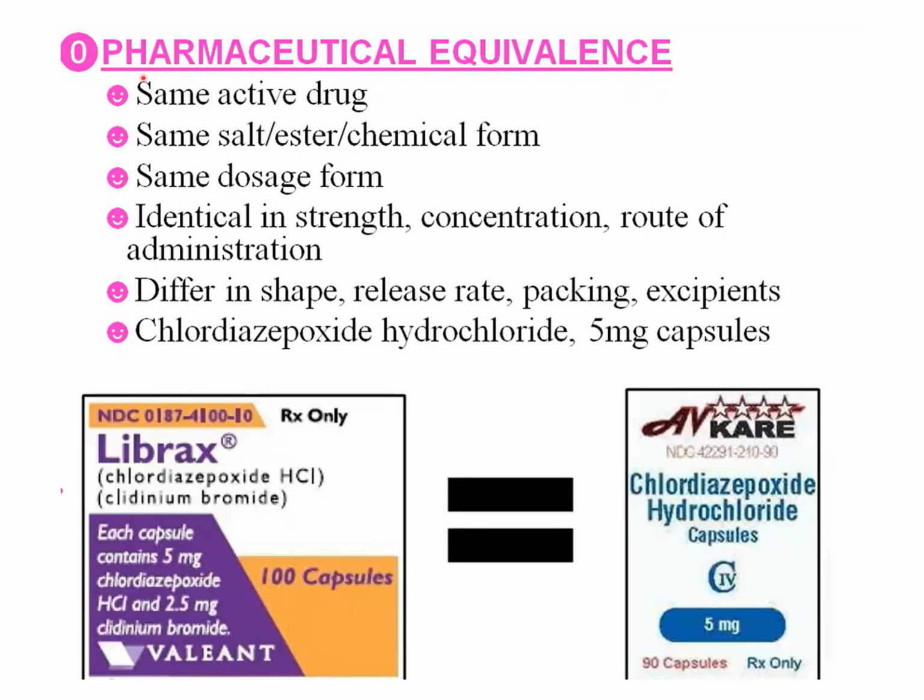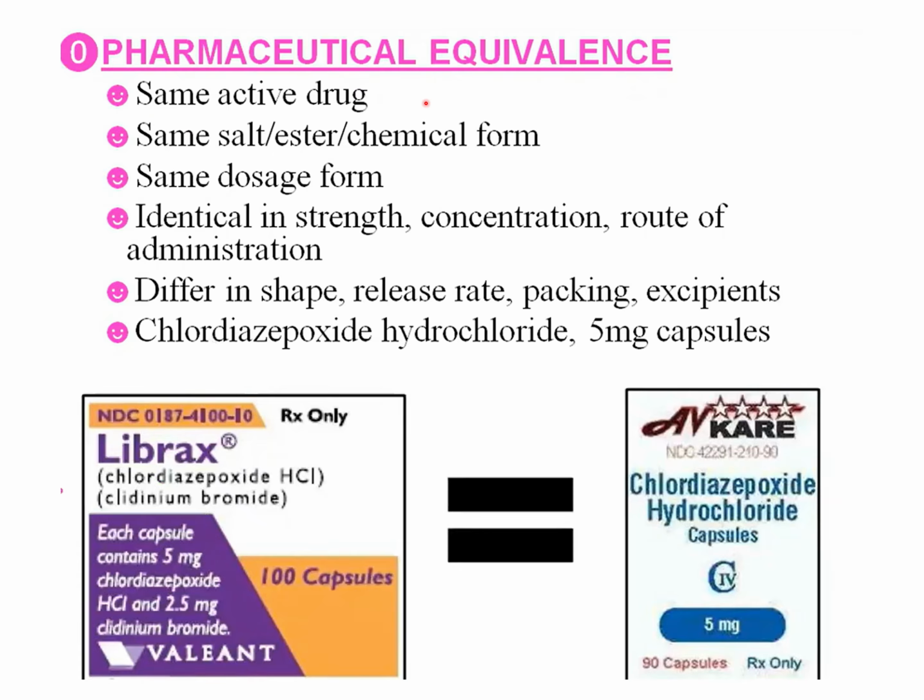Then we learn about pharmaceutical equivalence. So what does pharmaceutical mean? Usually, when we prepare any dosage form from any API, it is called pharmaceutics. So it means they would be equivalent in terms of their dosage forms.